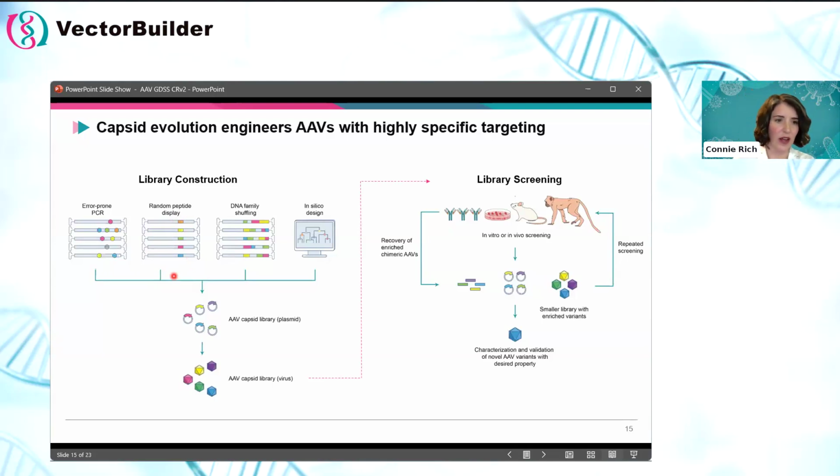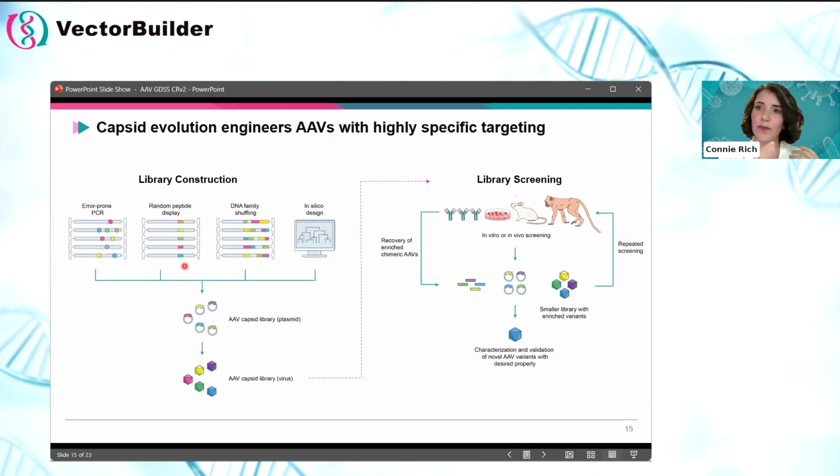Between positions 587 and 588 on the AAV2 capsid, previous studies used random peptide display to modify the region that interacts with the HSPG receptor. The scientific community was able to modify that AAV2 capsid to better interact with various different host cell types.